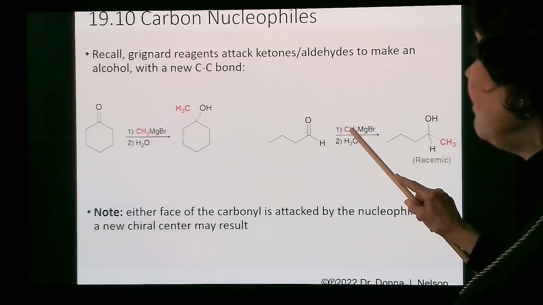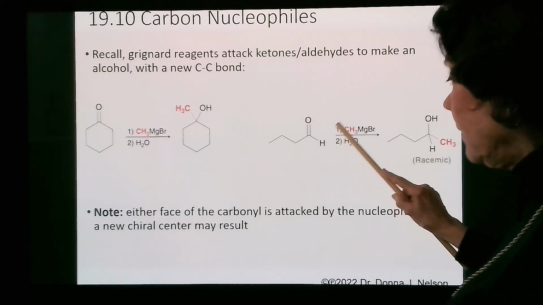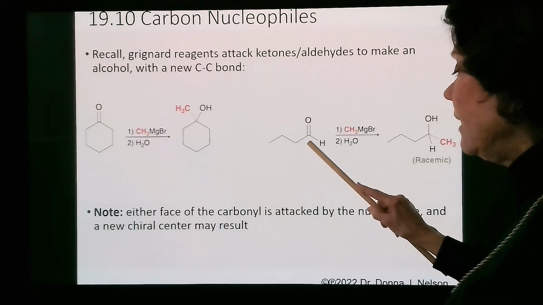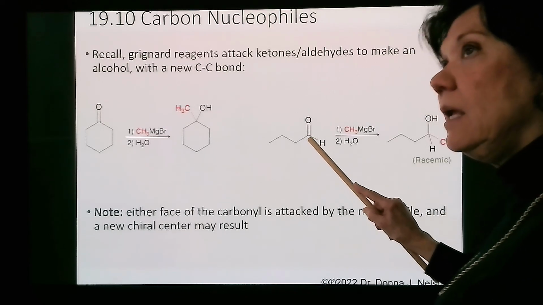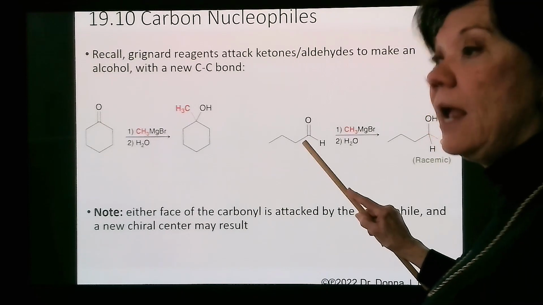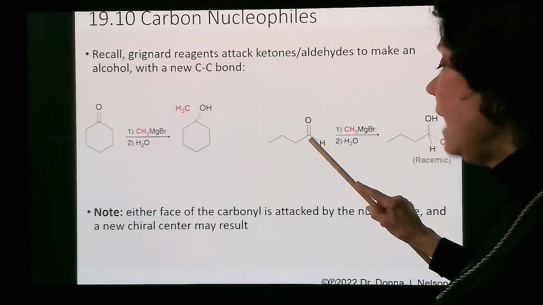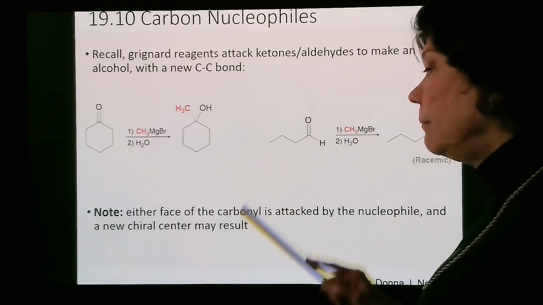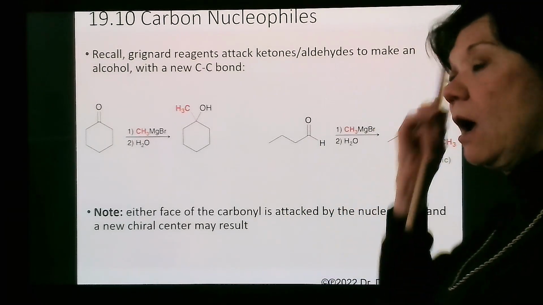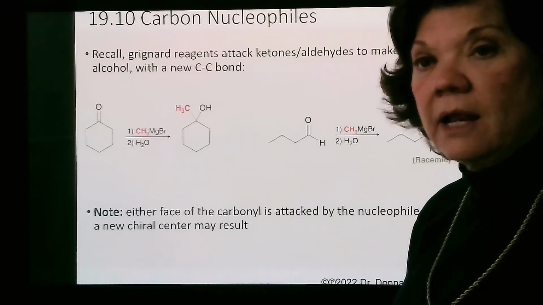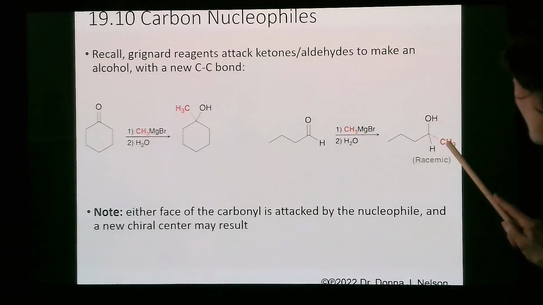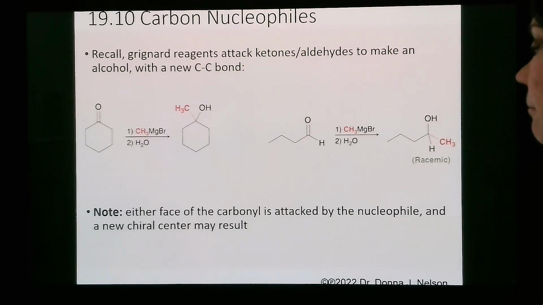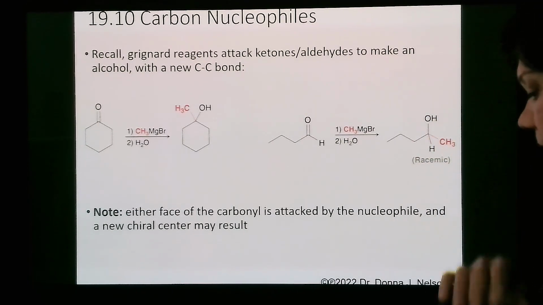And so the methyl anion, the pair of electrons on carbon, could populate either lobe, the unoccupied antibonding orbital that is coming out at you, or the backside lobe of the unoccupied antibonding orbital. So you'll get both isomers here because either face of the carbonyl can be attacked.